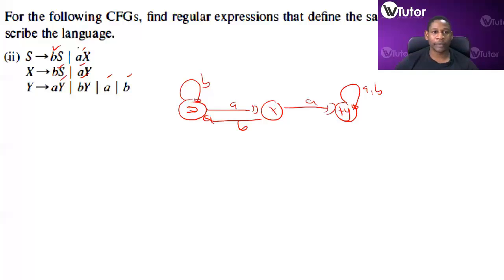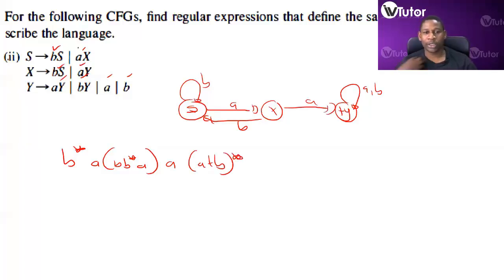We have B Kleene star A, then we can have B Kleene star A, then you can have A, then you can have A or B Kleene star.